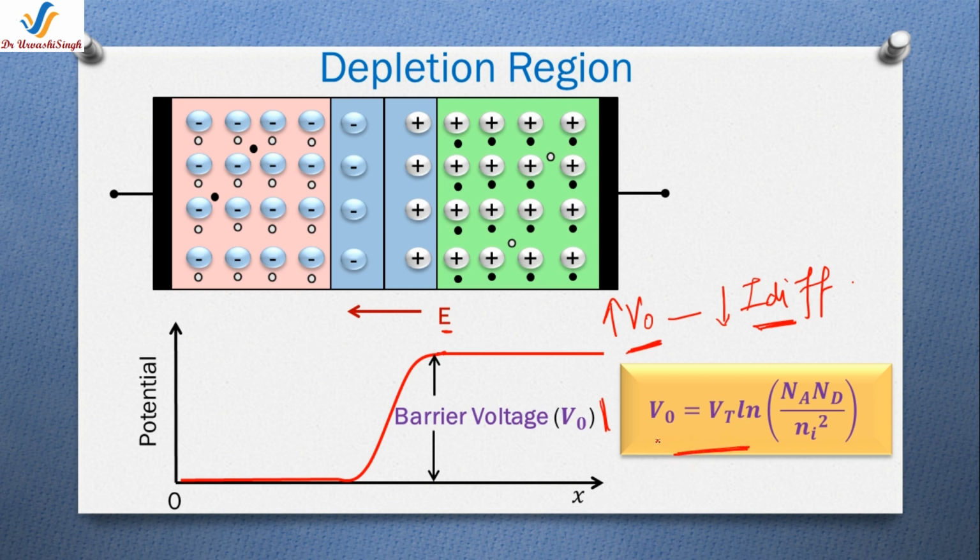Here you can see that the barrier voltage is proportional to the carrier concentration and also the temperature. For silicon, its typical value ranges from 0.6 to 0.9 volt at room temperature, that is 300 Kelvin.